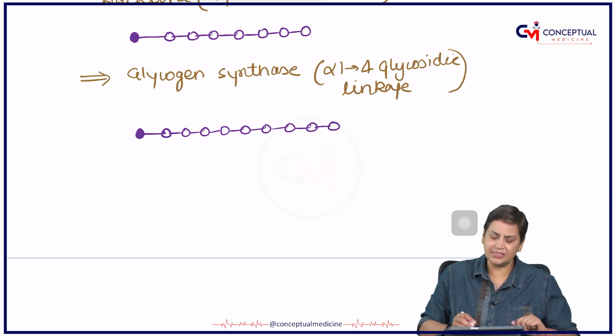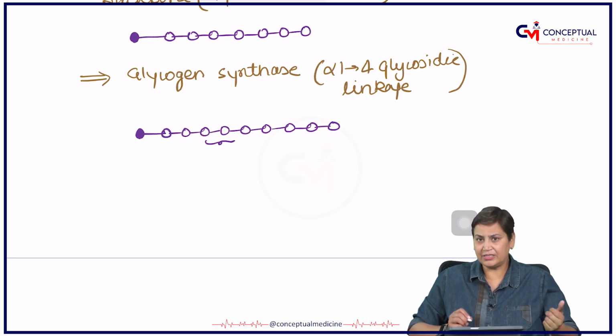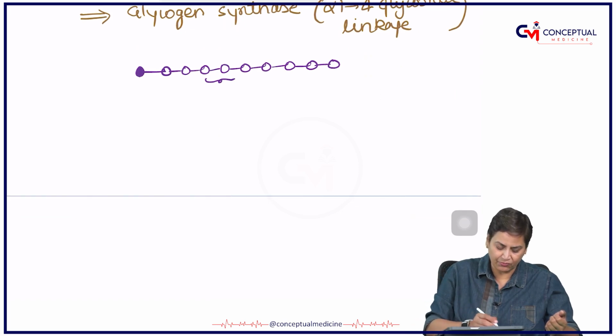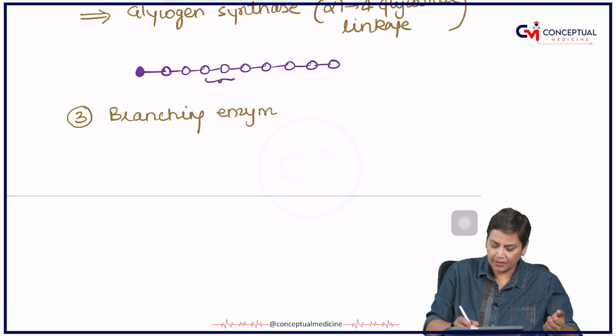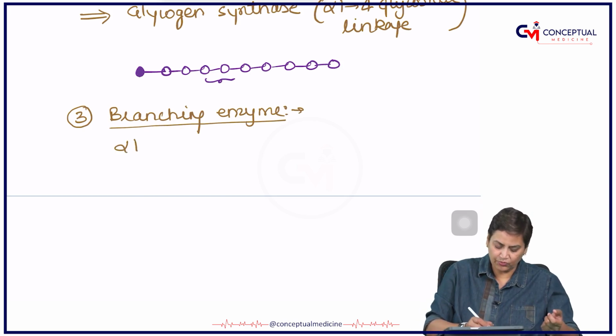Now the question is, this is alpha 1,4 linkage. Glycogen is having both 1,4 as well as 1,6 linkage. So the third step, which is actually the final step, would be the role of the branching enzyme. This branching enzyme, as the name suggests, is going to incorporate branches, and it is going to incorporate alpha-1,6 glycosidic linkage.